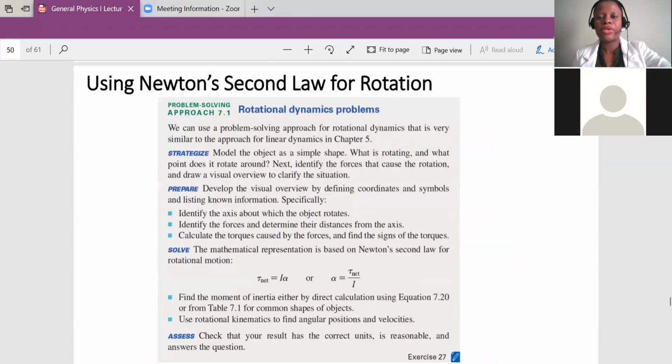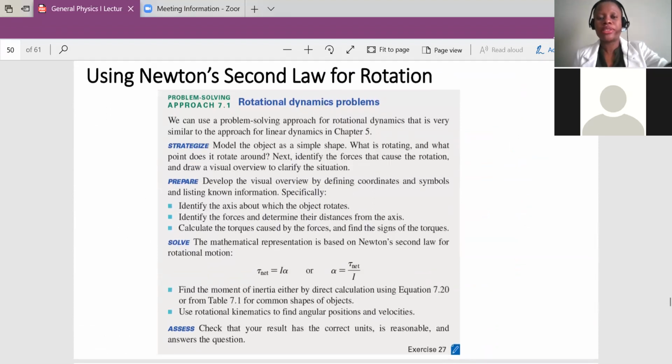Okay, so how do we solve problems that relate to rotational dynamics? We have been solving problems like this before, but we also import the approach of what we saw in chapter 5. The only difference is that in chapter 5, we were still using the particle model. We had to summarize the whole object as one particle.